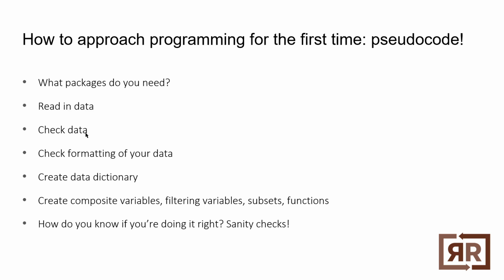Sanity checks are a really important and really great way to make sure that you're on the right track at all times. So with that being said, we're going to move to VS Code, and we'll take a look at my workspace, and we'll take a look at a couple of functions and how to get started in Python.